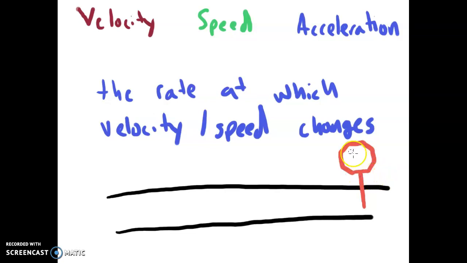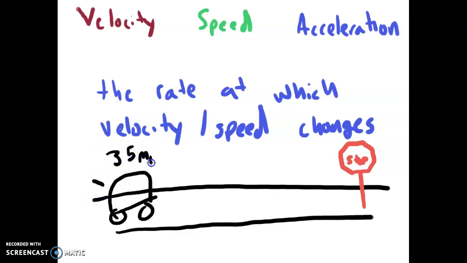Okay, I think I got the stop sign there, right? So stop. Okay, and we've got a car who is driving up to it, right? And if this car was going, let's say, 35 miles per hour on a side street, and it needs to get to, right, 0 miles per hour, right?